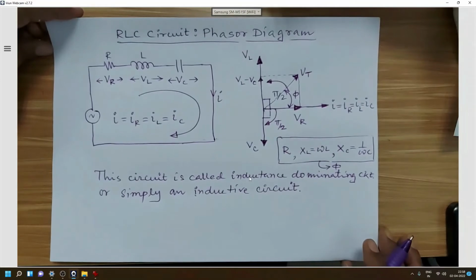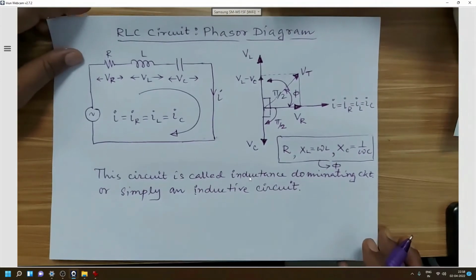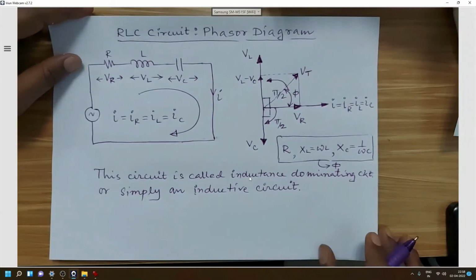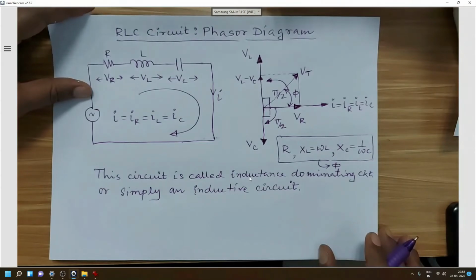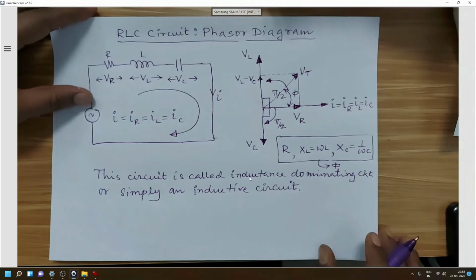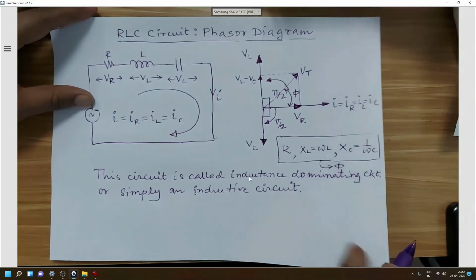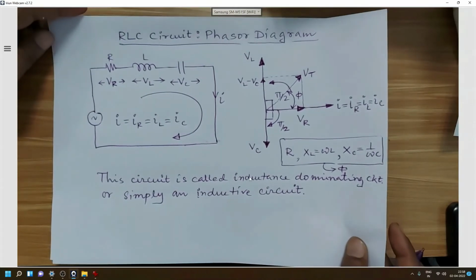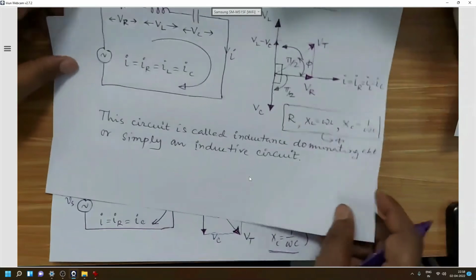Now we will see one series RLC circuit where the capacitor has a value such that the capacitive effect in the circuit is found dominating. So for that we will draw another circuit and we will explain that.